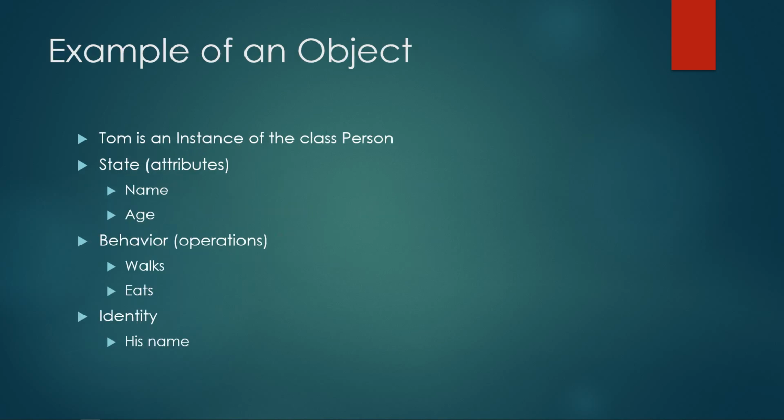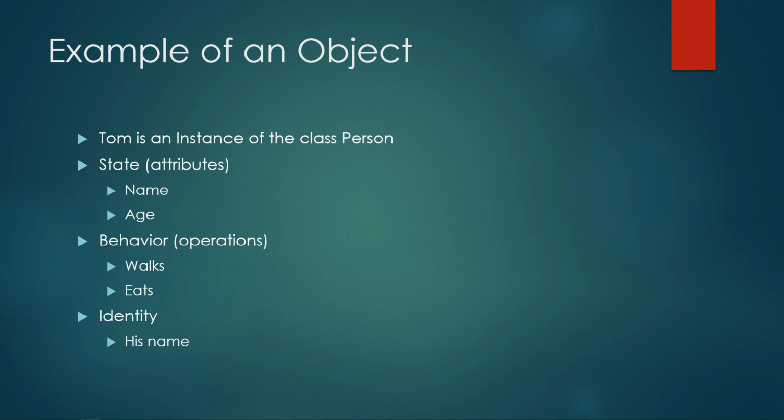So this is an example of an object. Tom is an instance of the class person, and it has attributes such as name and age, and it has operations such as walks, eats, sleeps, and so on. Its identity is the unique identifier. So here in this case we can use something like a name or national identity card and so on.